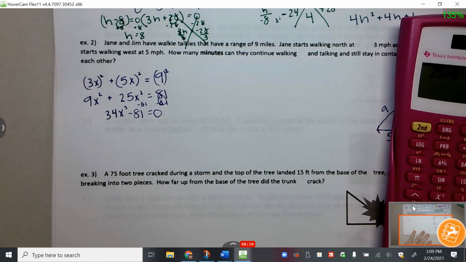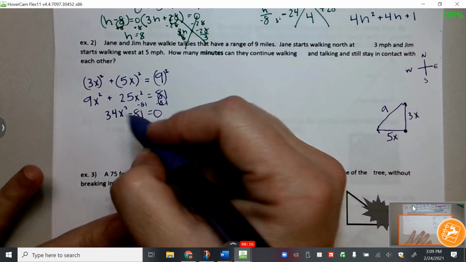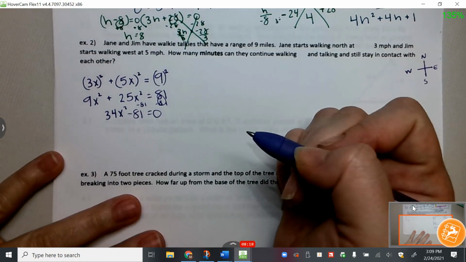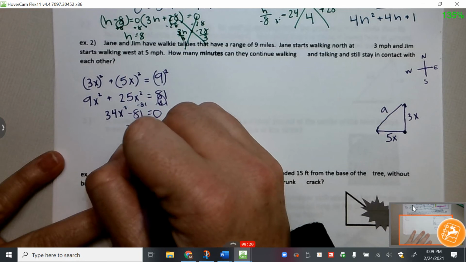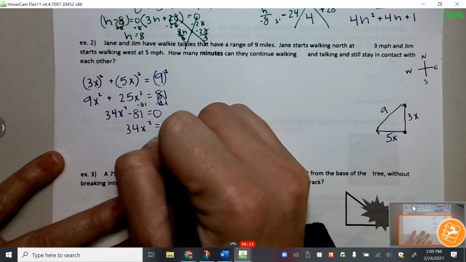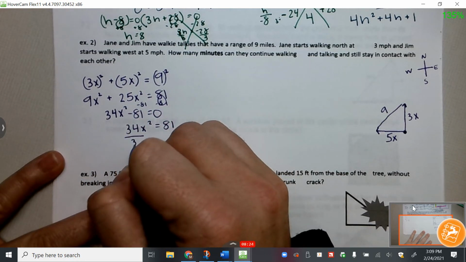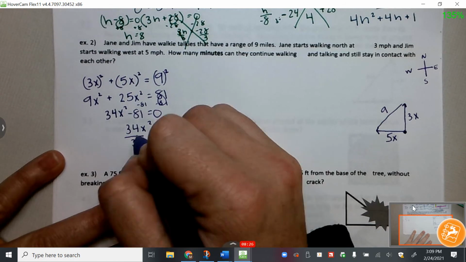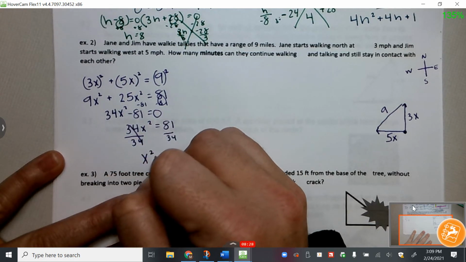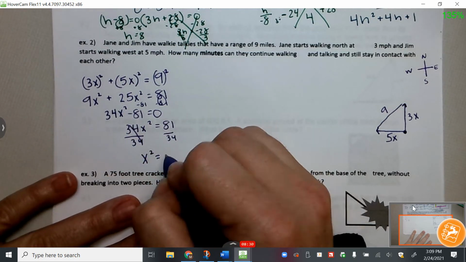I have no b term, and that's okay. But there's actually another way to solve this one, instead of moving my 81. Because I don't have a b term, I don't have to factor, so we can leave it and divide, and get x squared equals 81 over 34.